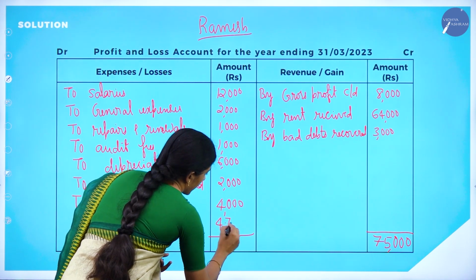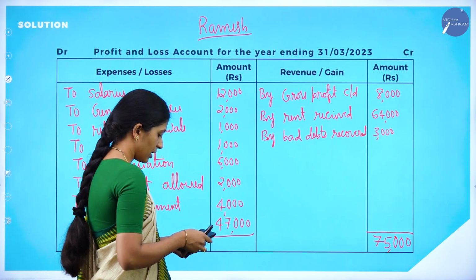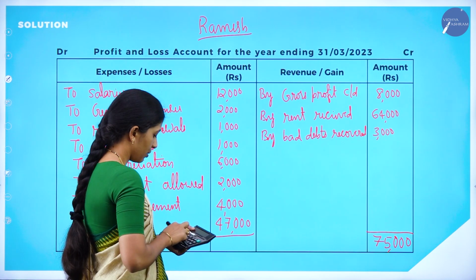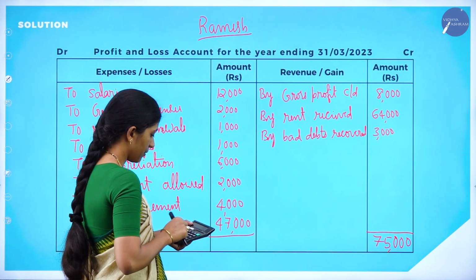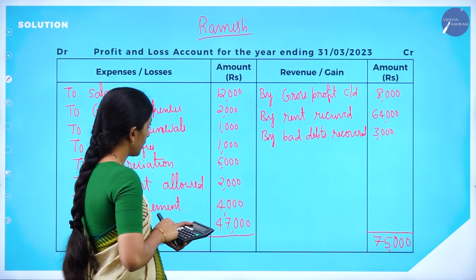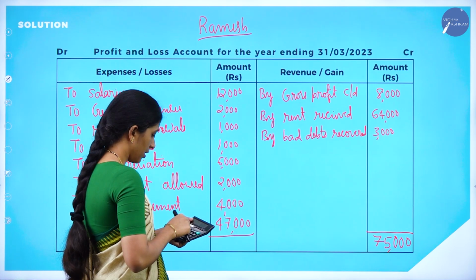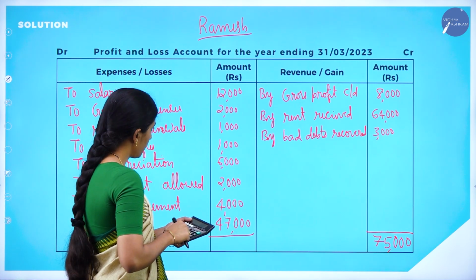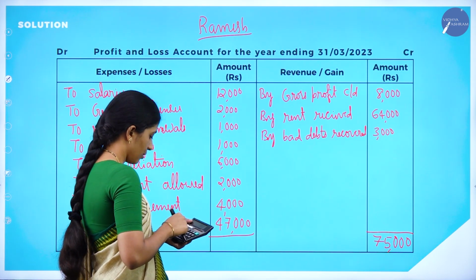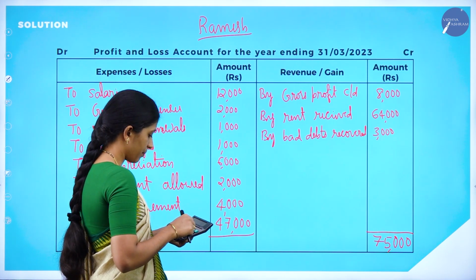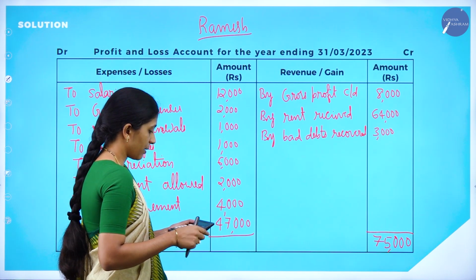Let's recheck once again. 47,000. So 12,000 plus 2,000 plus 2,000 plus 8,000 plus 4,000 plus 47,000. 40,000 plus 7,000.